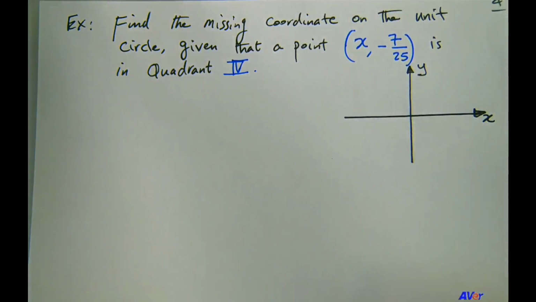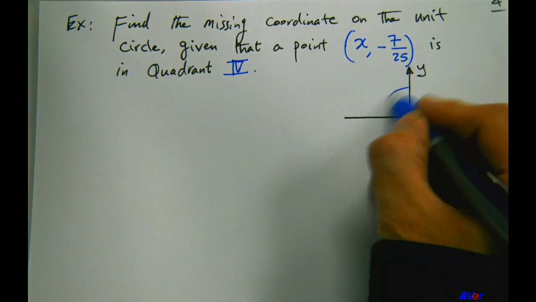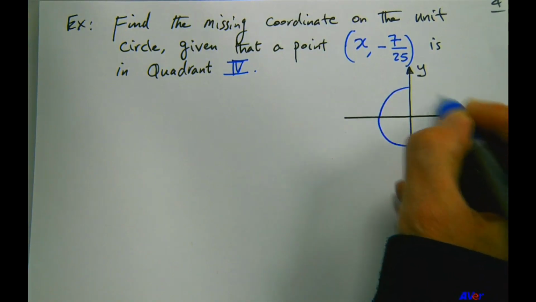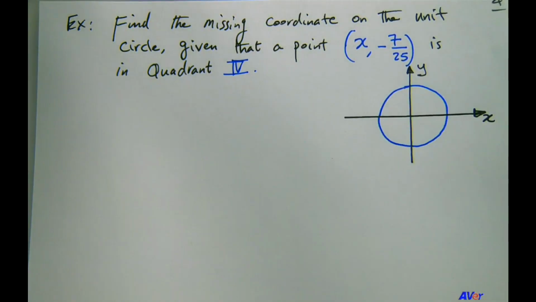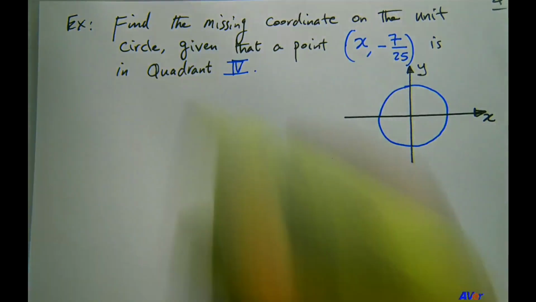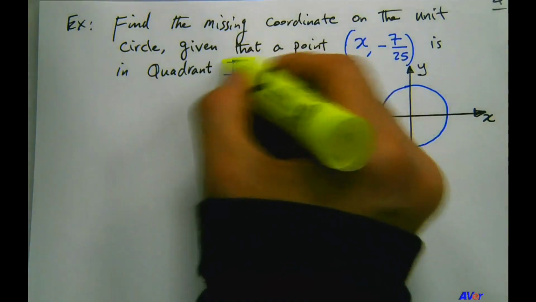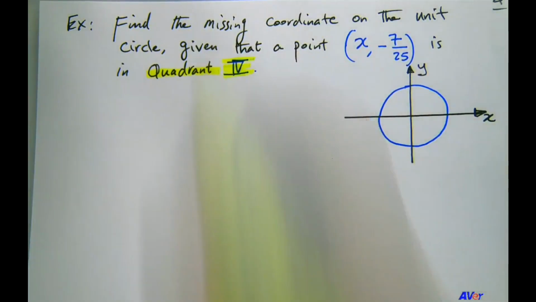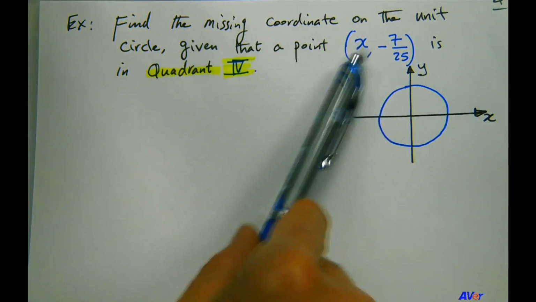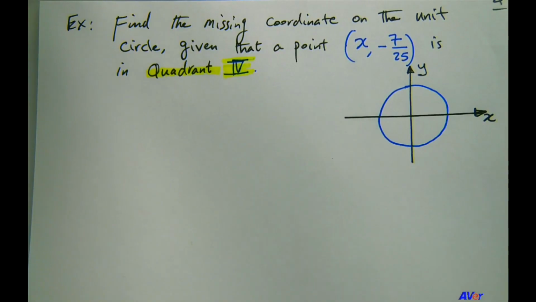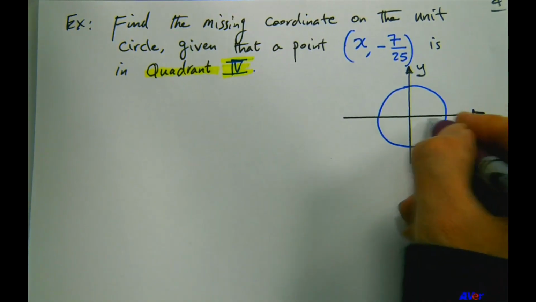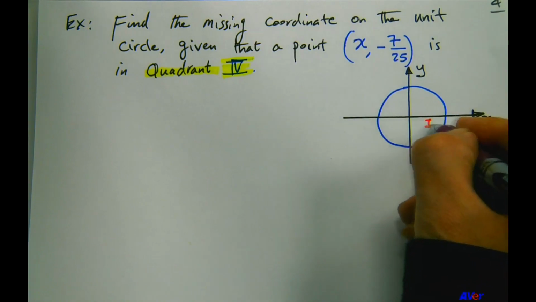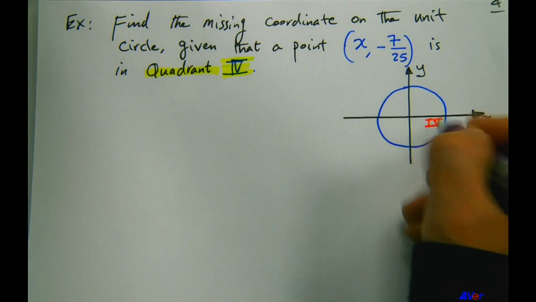And let me draw a little circle here, like that. We're told that we're in the fourth quadrant, right? Quadrant 4. So the point that we're talking about is in here, in the fourth quadrant. So it would be here.